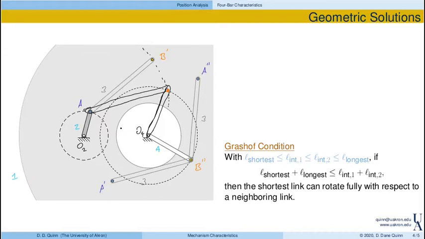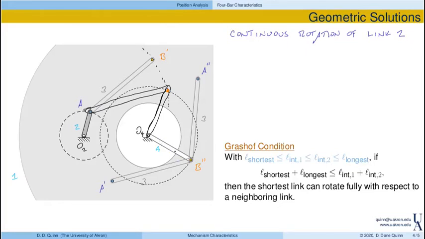So now one question is, again, continuous rotation of the input link. Well, this dashed line represents the path of point A, assuming that it undergoes a complete revolution. Now, this shaded region that I've shown is basically all the possible locations of A when I connect 3 and 4 together.